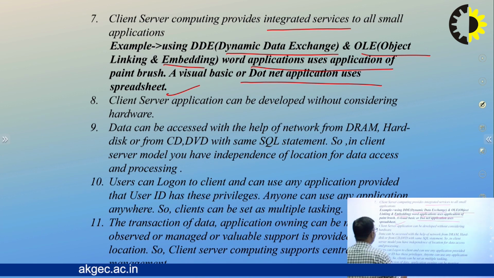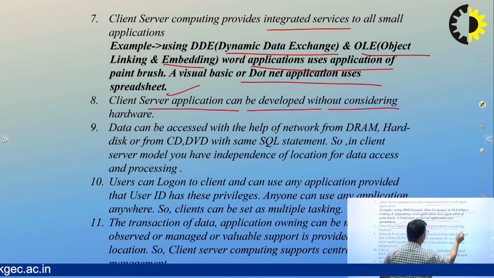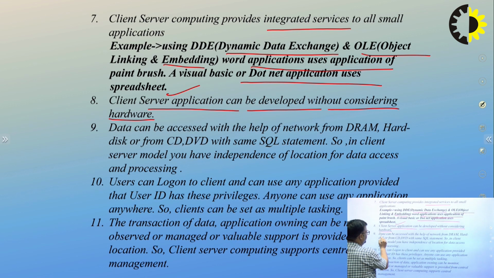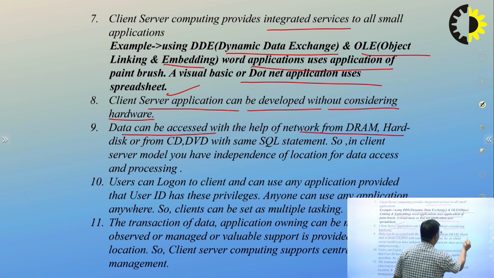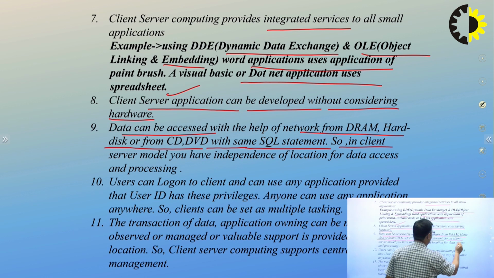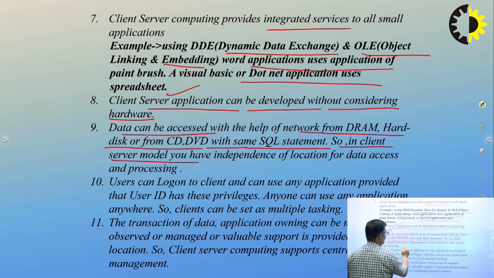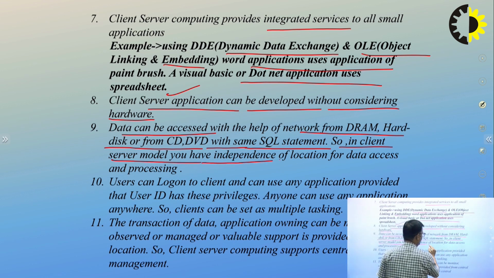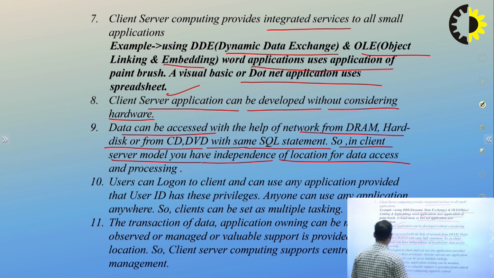Then next point, a client server application can be developed without considering hardware. Next, data can be accessed with the help of the network from DRAM, hardware, or from a CD or DVD with the same SQL statement. So in the client server model, you have independence of location for data access and processing.